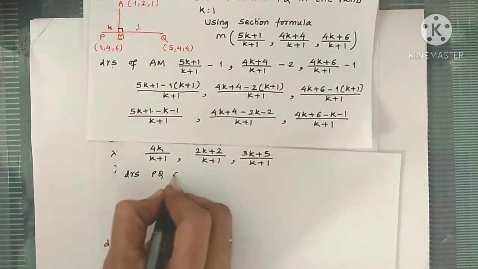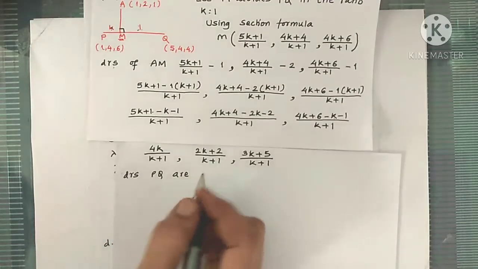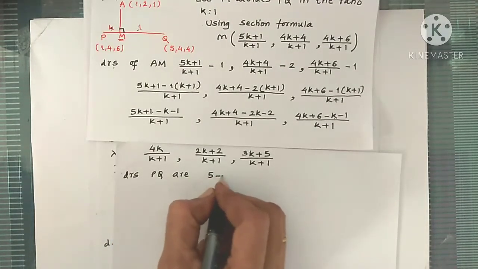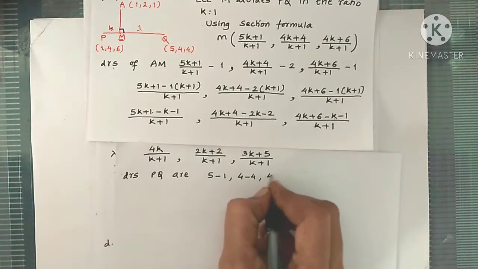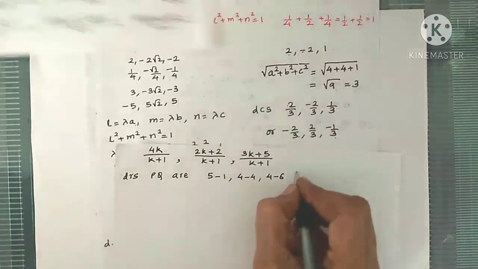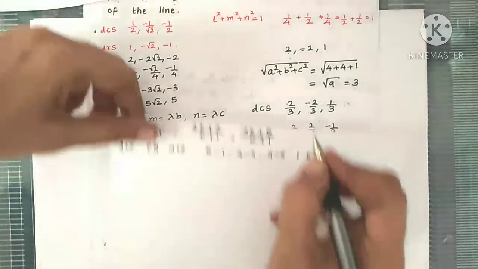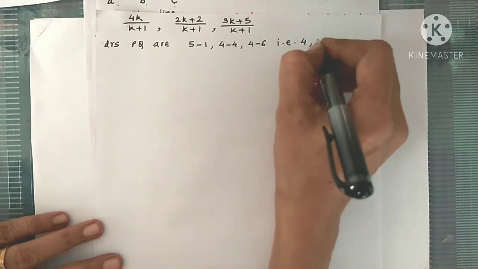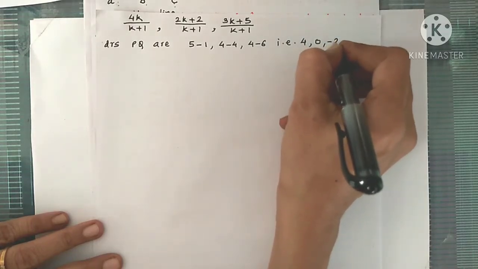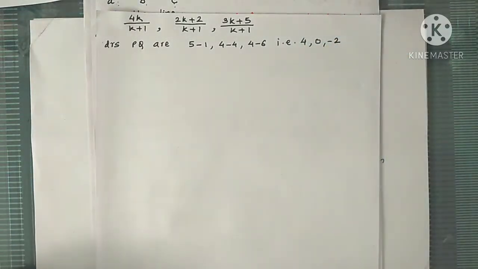Direction ratios of PQ are Q minus P. So 5 minus 1, 4 minus 4, 4 minus 6. So these numbers are 5 minus 1, that is 4. Next one is 0. 4 minus 6 is minus 2.